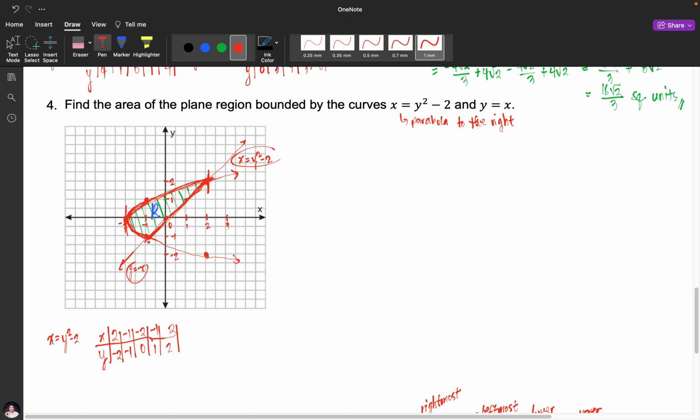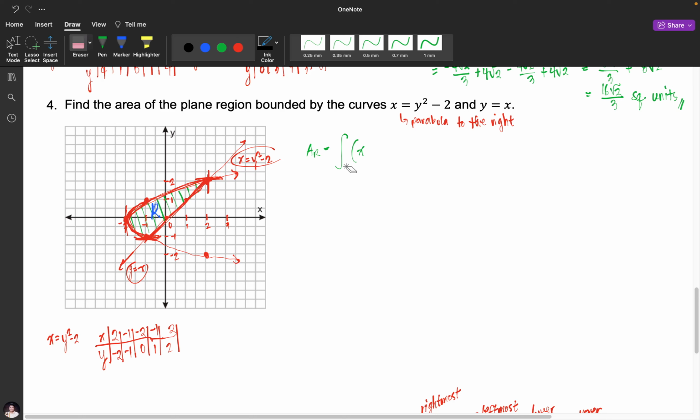Yung lower bound, madali lang din siyang hanapin. Kasi ito yan, which is negative 1. And the upper bound is nandito, which is positive 2. Therefore, in solving the problem, A sub R, we have the integral of the upper function, the rightmost function, which is y equal to x. So that is x, that is y.